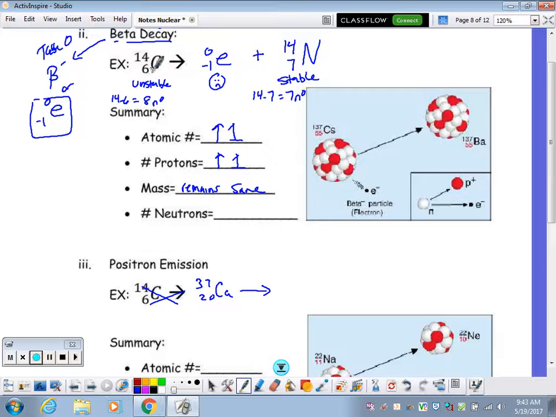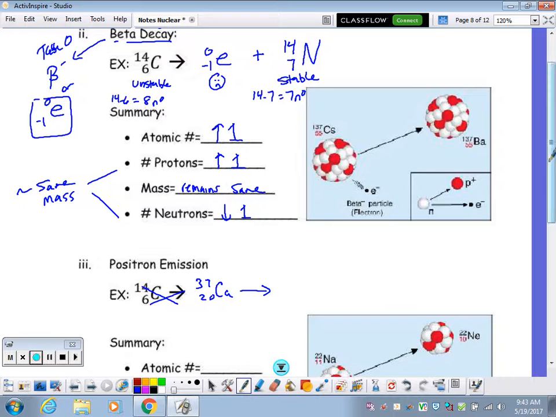So carbon-14 has more neutrons than nitrogen-14 does. The number of neutrons after the decay has decreased by a value of 1. And remember, protons and neutrons have approximately the same mass. So by gaining 1 proton and losing a neutron, we see no change in the total mass.